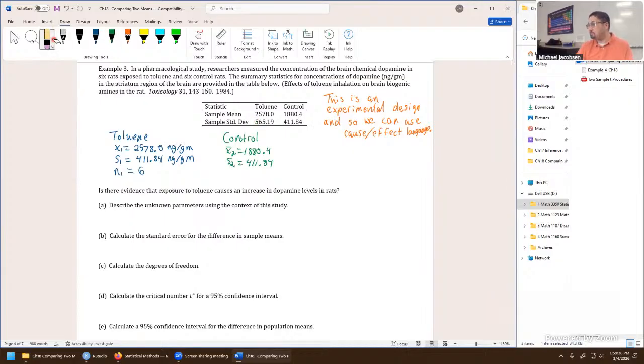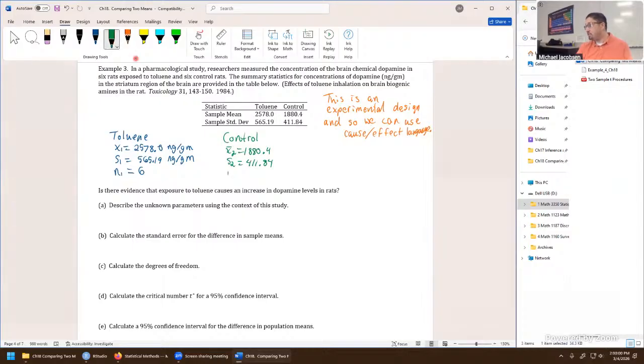The standard deviation for toluene is 565.19. Definitely the sample standard deviations are different, and probably the population standard deviations are different as well. So again, we're not making any assumption about sigma 1, sigma 2 being equal. This is going to be the unequal variance procedure in our confidence interval.